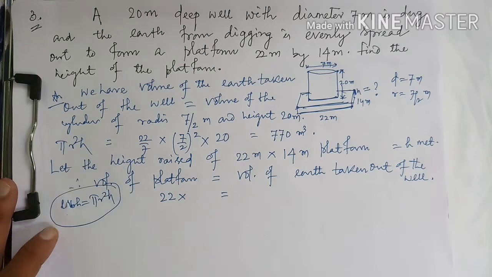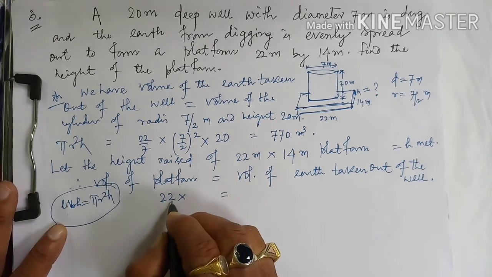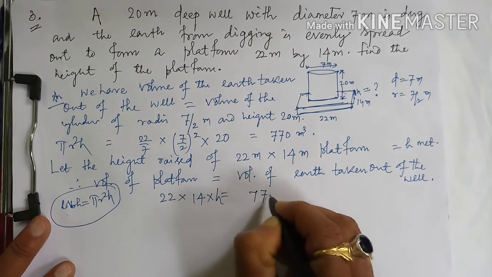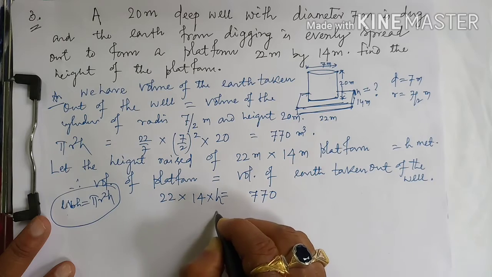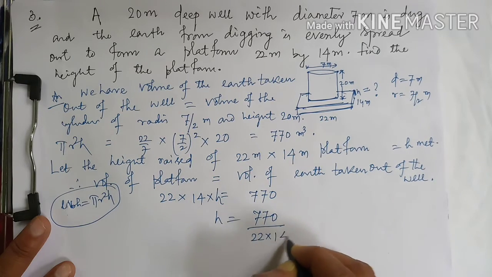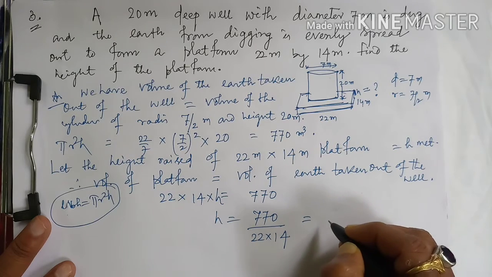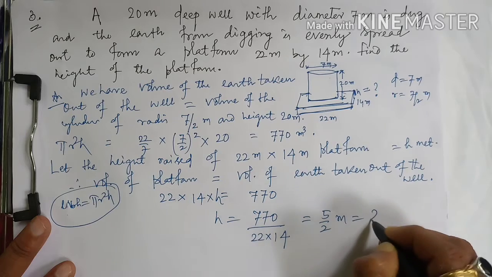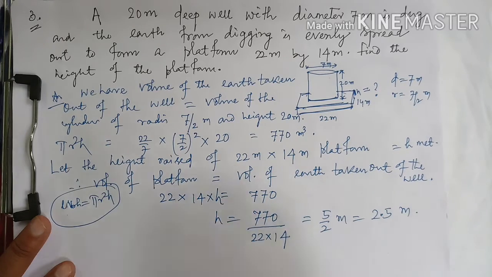So 22 into 14 into h equal to 770, and h equals 770 divided by 22 into 14, which is equal to 5 by 2 meter, that is 2.5 meter.